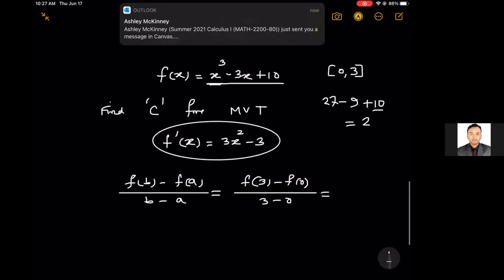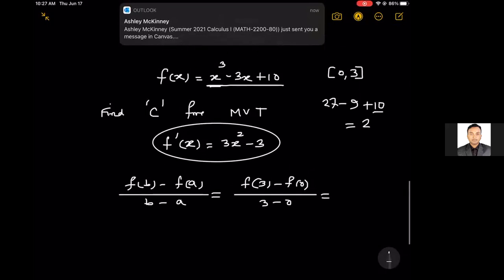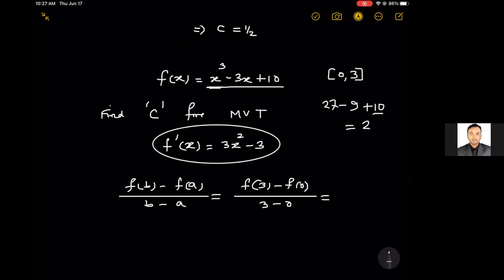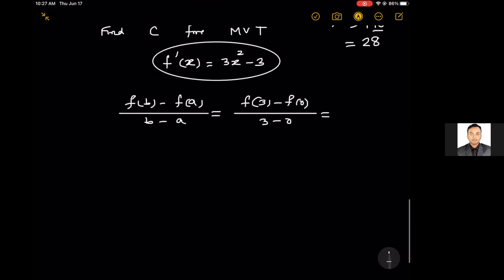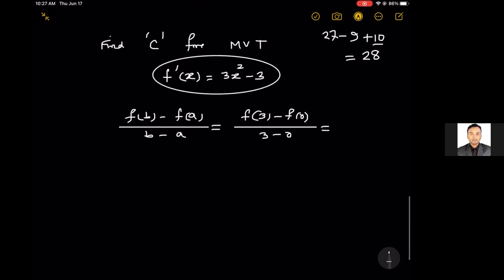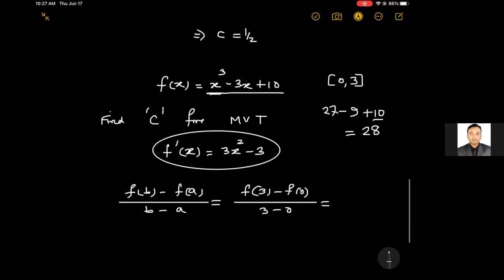Did I get it wrong? 27 minus 9 plus 10, it's 28, yeah. Or am I doing it wrong?